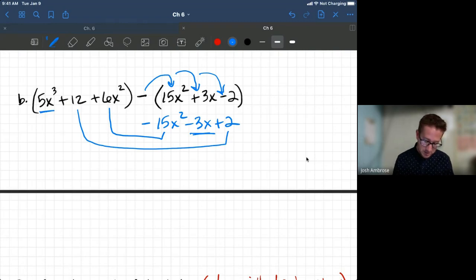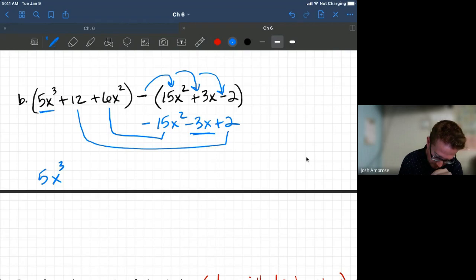Standard form means put the biggest exponent up front. So 5x to the power of 3, that's done. Now you have a 6 and a negative 15, 6 minus 15, giving you a negative 9x squared. That's done.